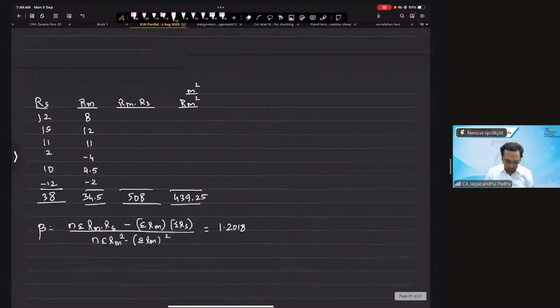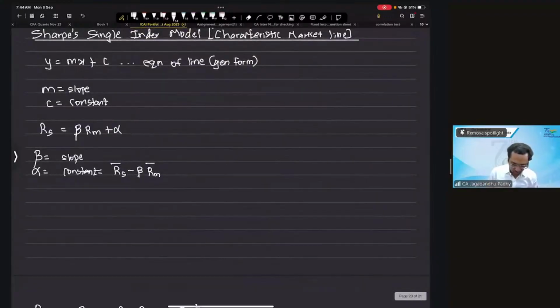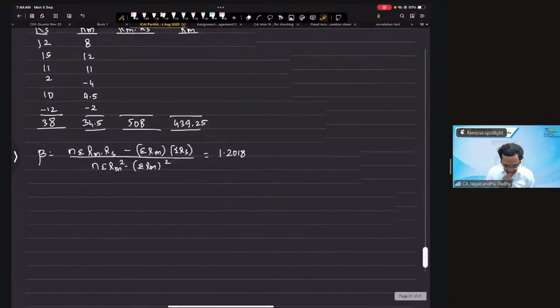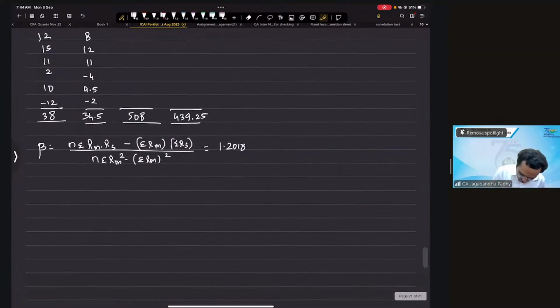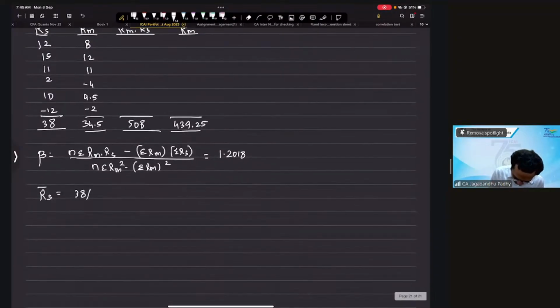Now, to get the equation of return on security equal to beta into RM, beta is what we have got. We also need to get the alpha. For alpha, we need the average of security return and market return. The average of security return is 38 divided by 6, which is 6.33.